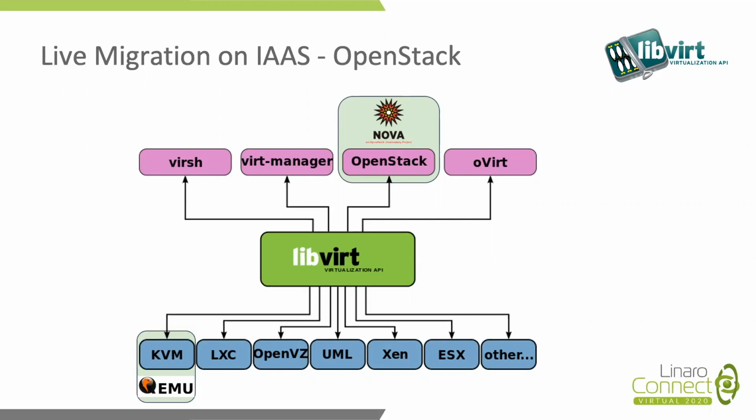As we see in this picture, the live migration function needs to be supported on the Libvirt and hypervisor side, and also in the high level infrastructure as a service side, for example OpenStack or Virt Manager. They also need to support the live migration feature.